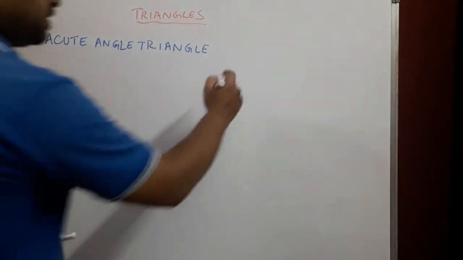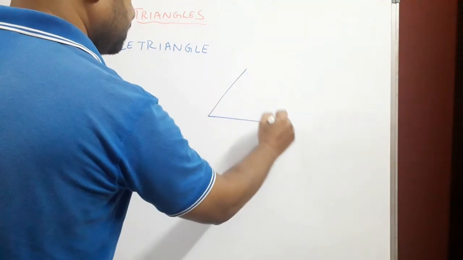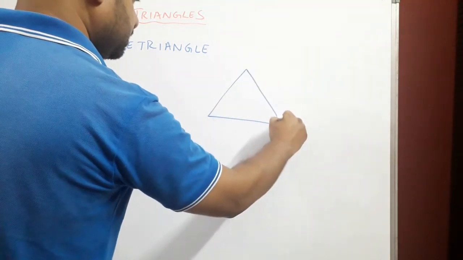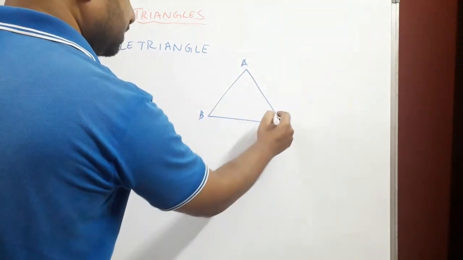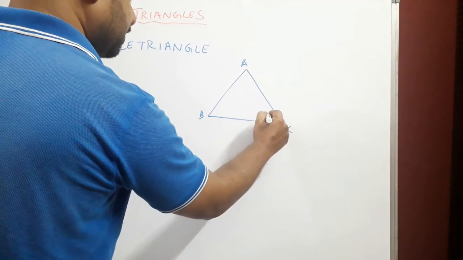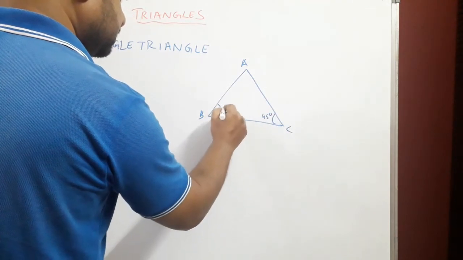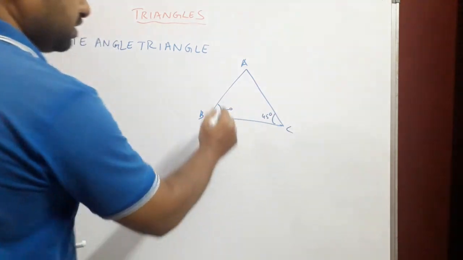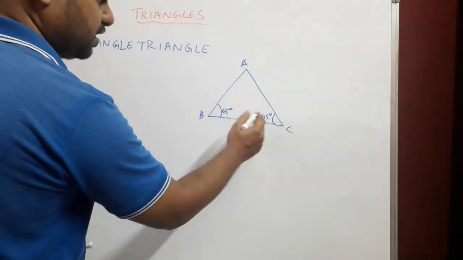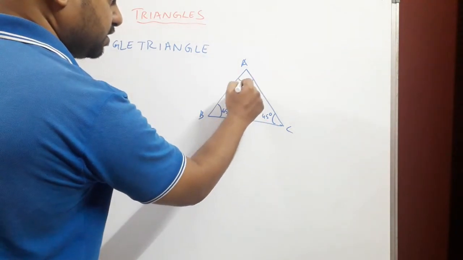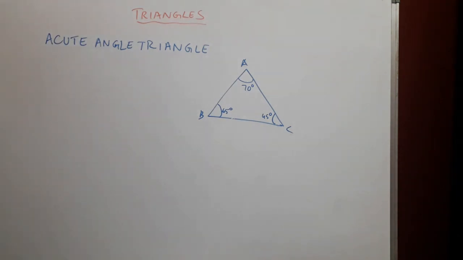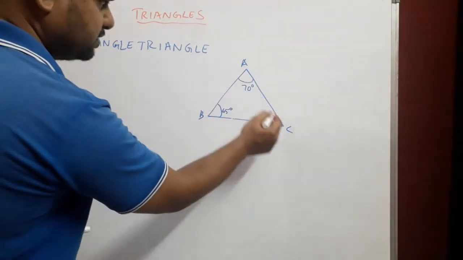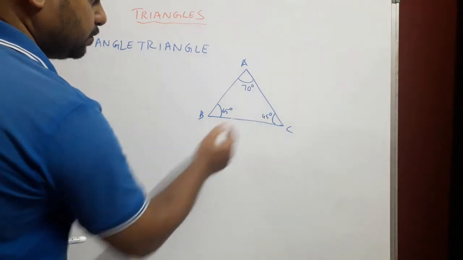Say we have an acute angle triangle ABC, and let's take this as 45 degrees, this as 65 degrees, and then this has to be 70 degrees. Note over here how all three angles are acute angles.